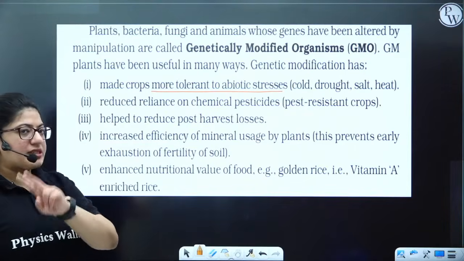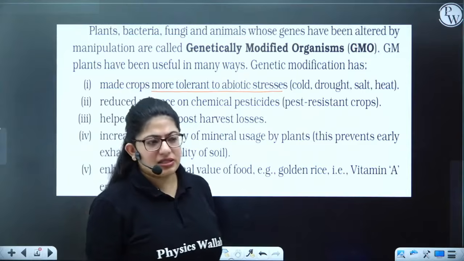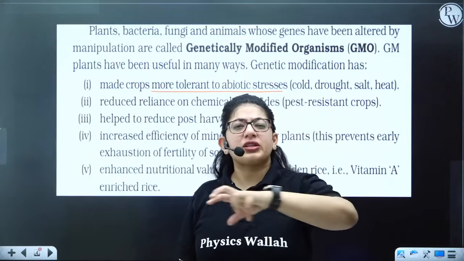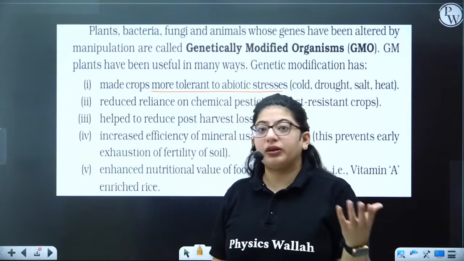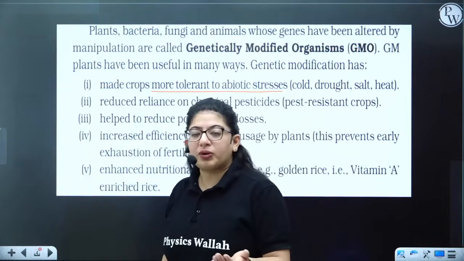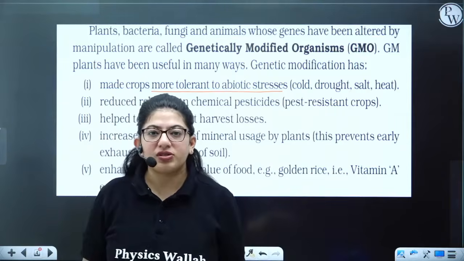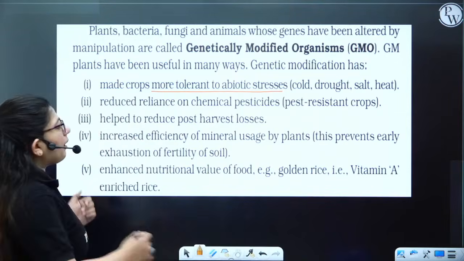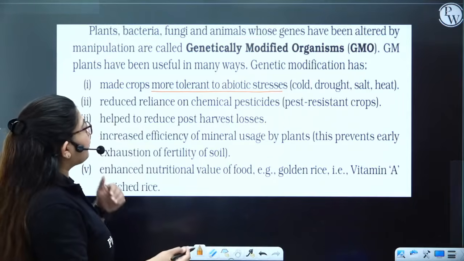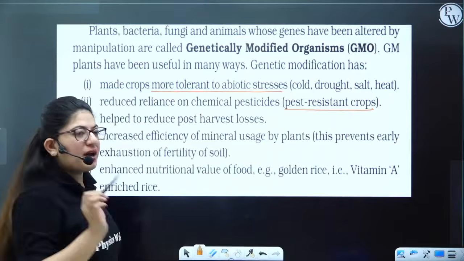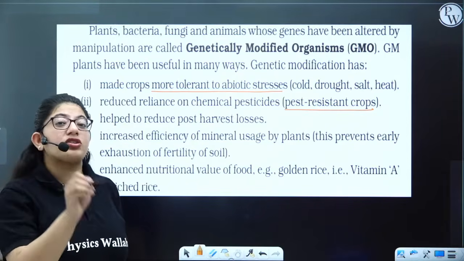The second problem a plant faces is the pest, right? These pests can eat all your crops and leave nothing behind. So it's a big no for you, right? You don't want your plants to die and everything to turn into losses. So we have made certain plants which are pest resistant. That means the pest cannot harm the plants.